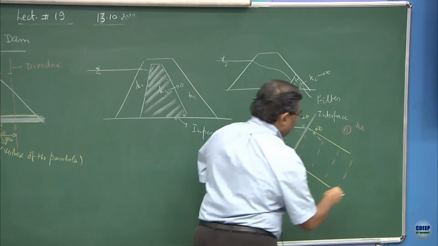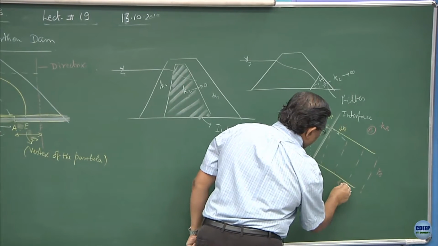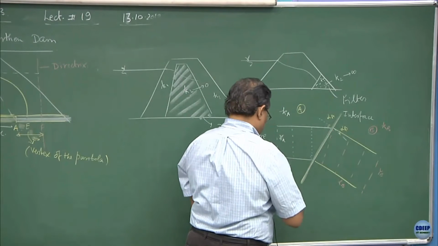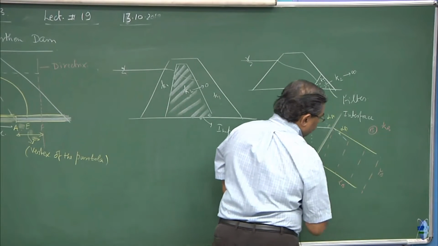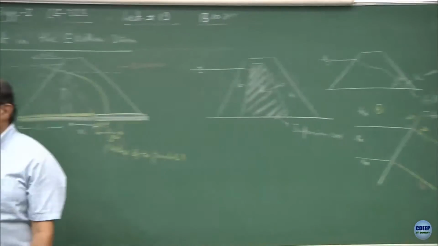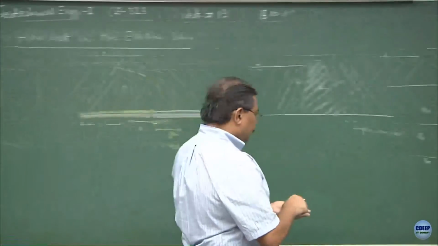So, this is Y B and L B. Can you draw a relationship between alpha A, alpha B?